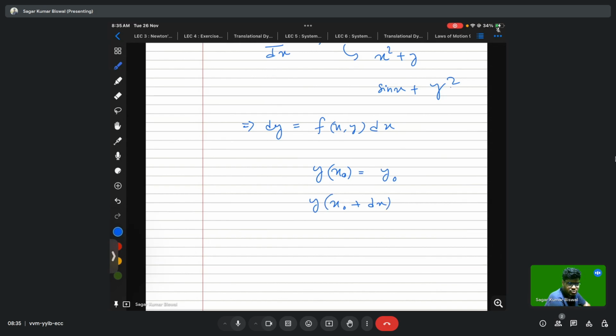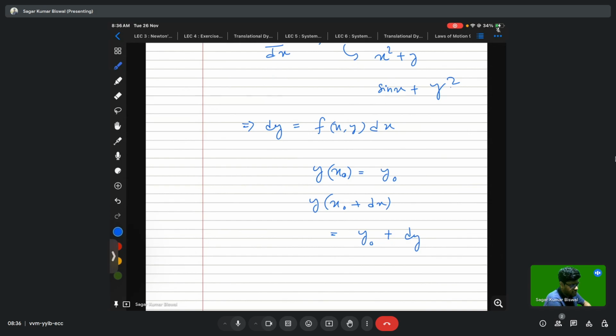This dx is the step size. Then the value will be y0 plus dy.